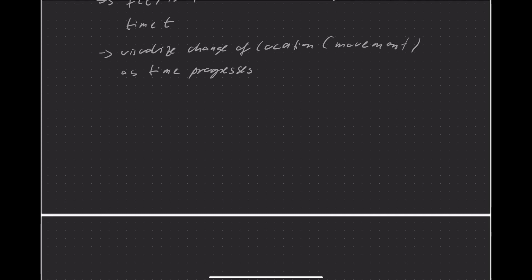Okay, so how could that look? Let's say we're in the plane. So this is the two-dimensional plane here. And we want to visualize the movement of a particle. Let's say we start here. This is the location at time 0. And then the particle moves up a little, then down a little, then it takes a turn, and maybe it spirals a little, and then it ends up here.